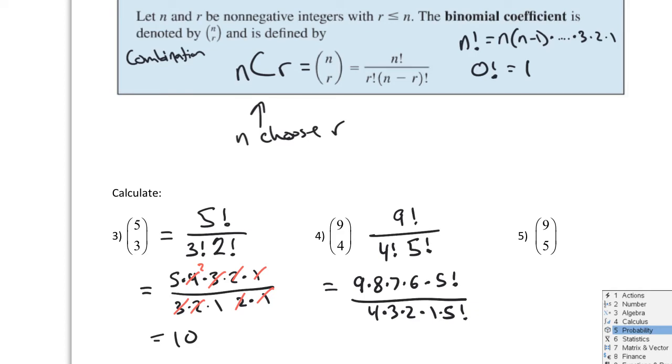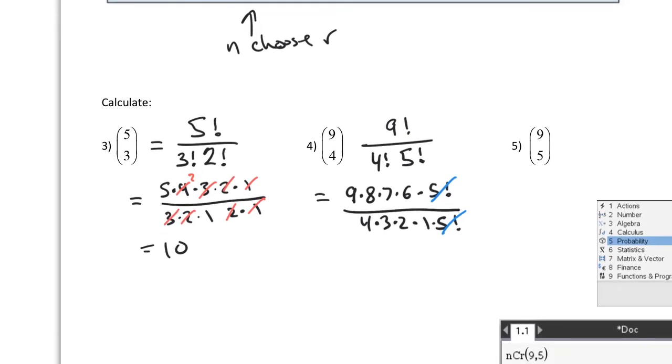And the reason I almost forgot to write the 5 factorial on the bottom is because what's going to happen here? Those are going to cancel. All right, so we're left with 9 times 8 times 7 times 6. Again, it's kind of fun to do these by hand here. I've got a 3 times 2, that's 6, so is that. Those are canceling.